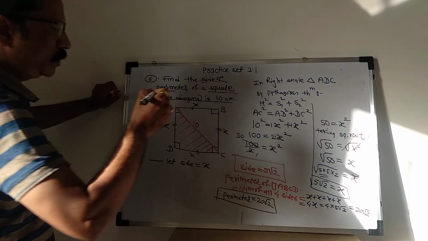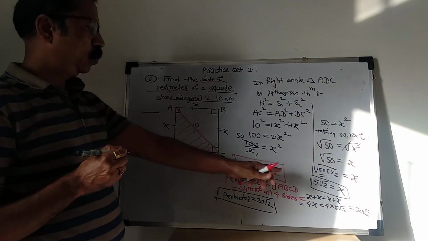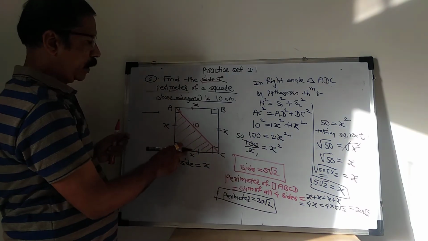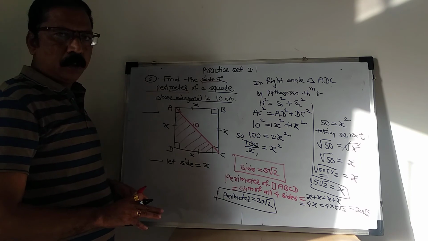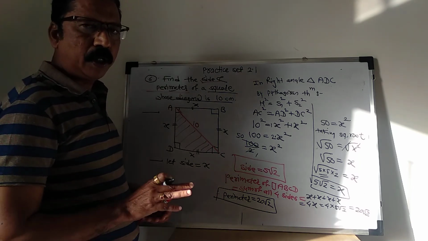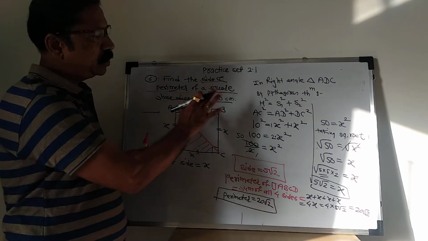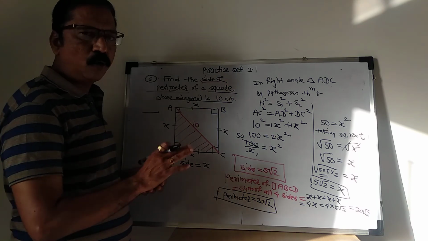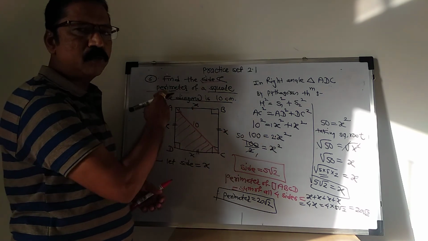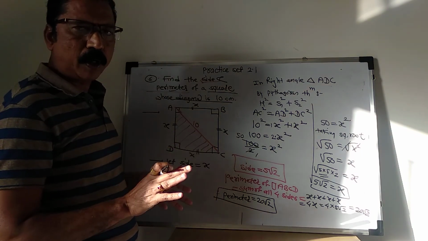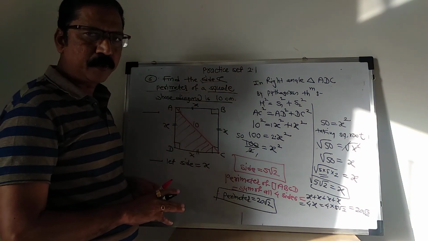This is the answer of the second part. So you got side 5 root 2 and perimeter 20 root 2. Like this, the remaining sums you can definitely work out. This type of sums related to Pythagoras theorem is very important for the board exam, and previous sums we learned were related to the property of geometric mean. Thank you.